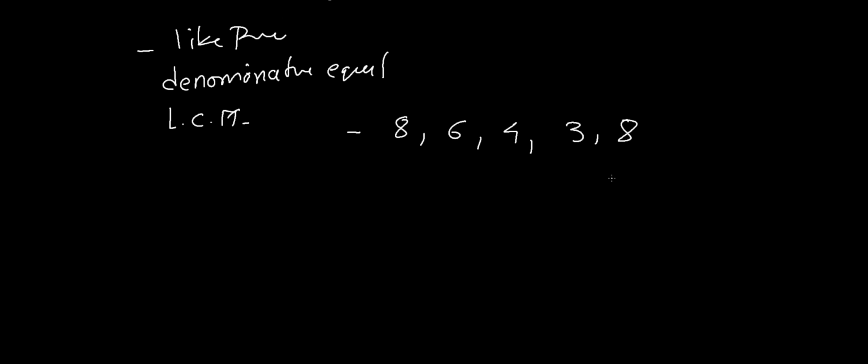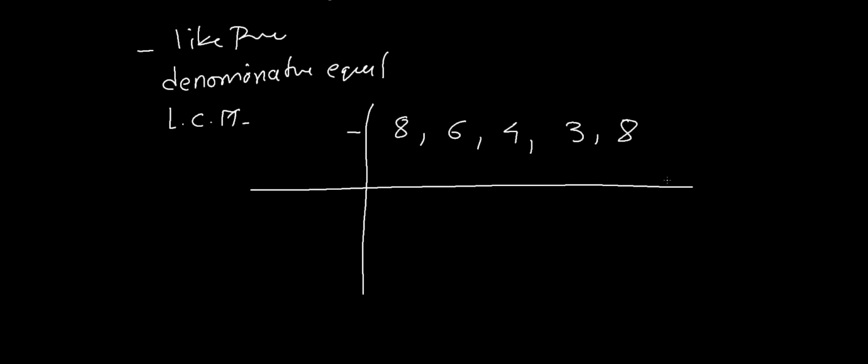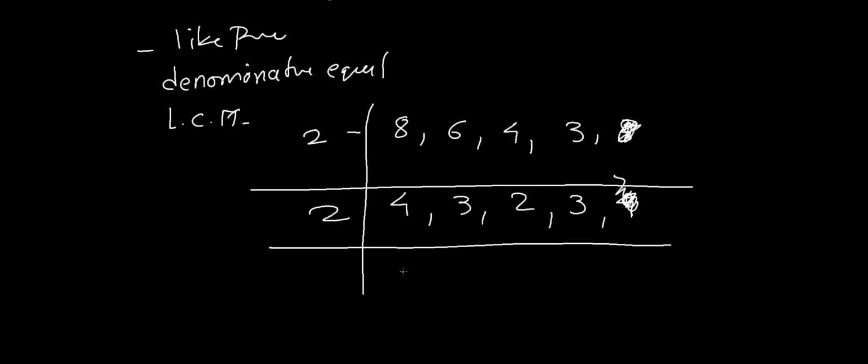Now we have to make these into like fractions. So we are using the common division method. We'll start with 2: 2 3s are 6, 2 2s are 4, 3 will come as it is. Then 2 2s are 4, 3 will come as it is, 2 2s are 1, 3 will come as it is.